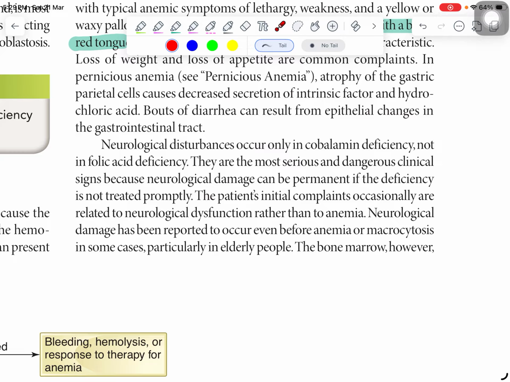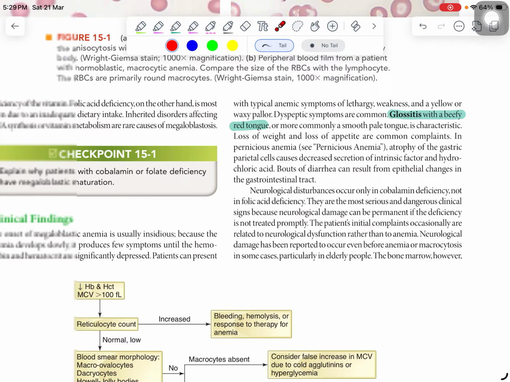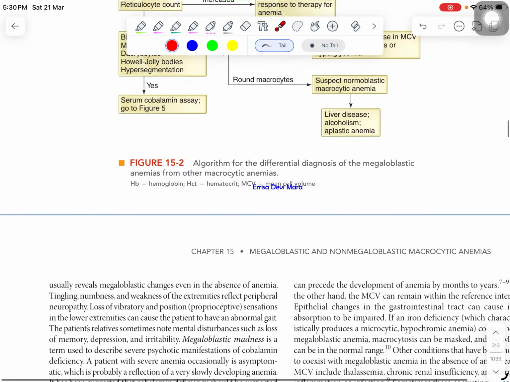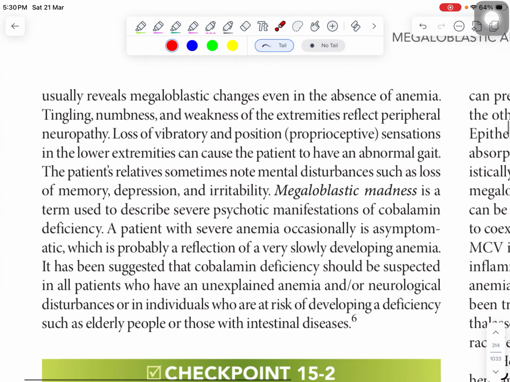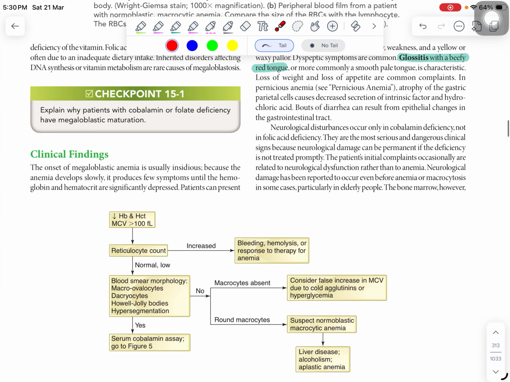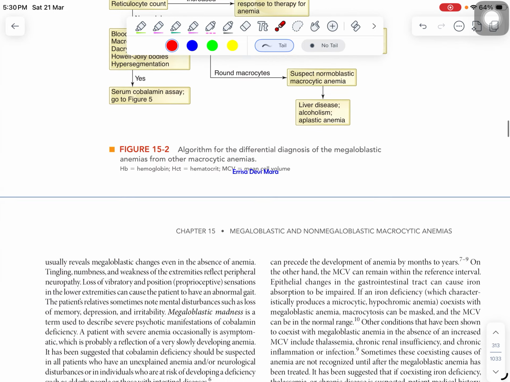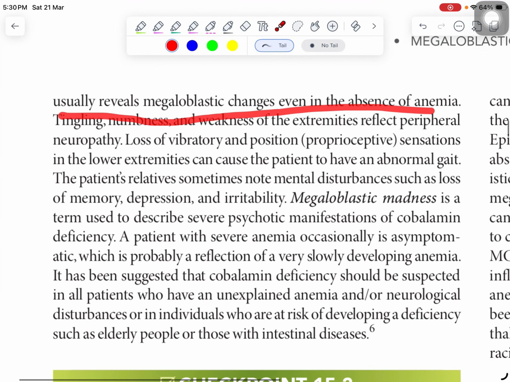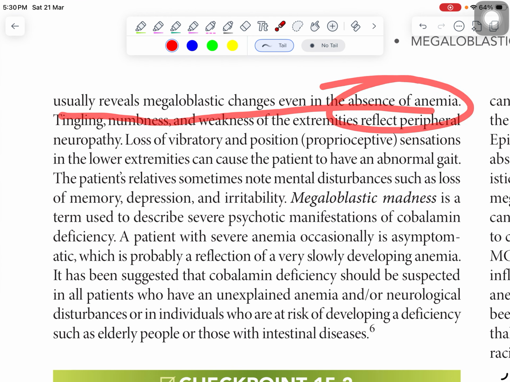Neurological damage has been reported to occur even before the anemia or macrocytosis in some cases. Particularly in elderly people, the bone marrow usually reveals megaloblastic changes even in the absence of anemia.